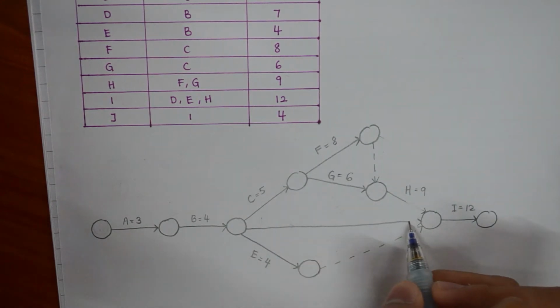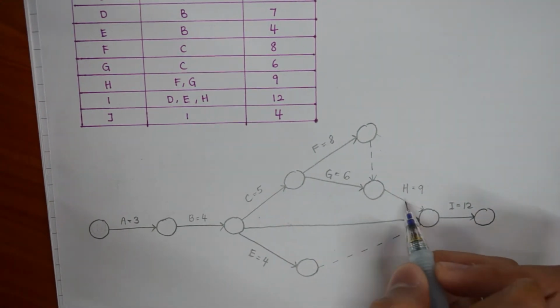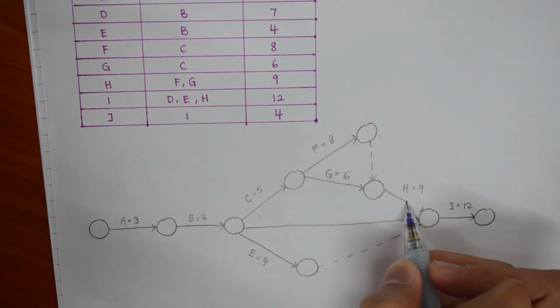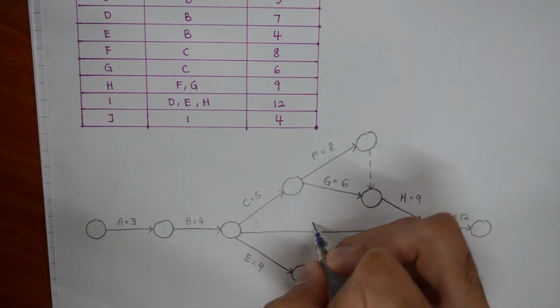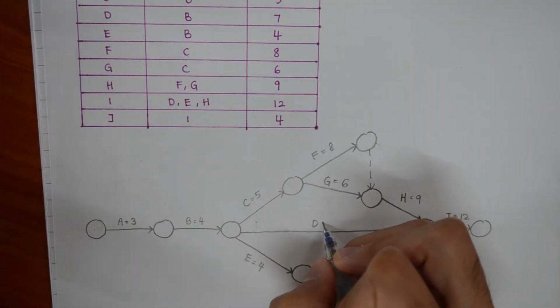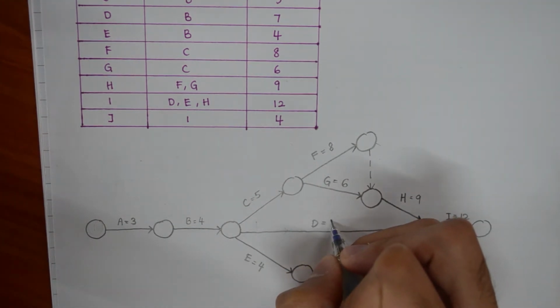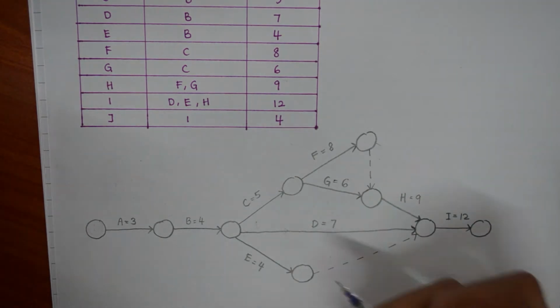Okay, and draw a solid line here. D equals 7. Okay, perfect.